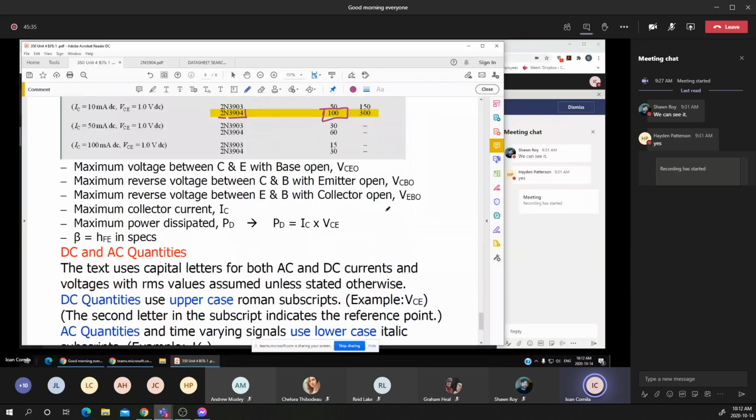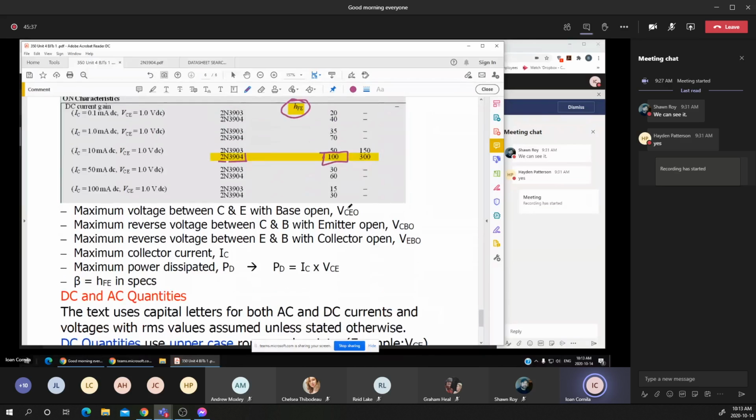Now, there are some other parameters that we have to take into account. Maximum voltage between the collector and the emitter. I put that in writing because most of the time we'll see VCEO, which means that the base is open, meaning there is no current or voltage applied on the base. Collector and emitter, you notice that it's in this order, collector, emitter, with the base open.